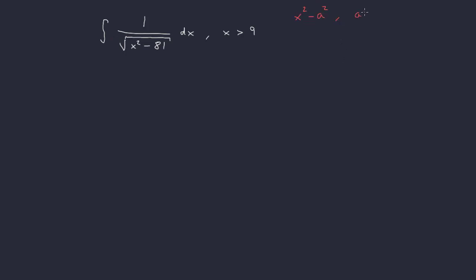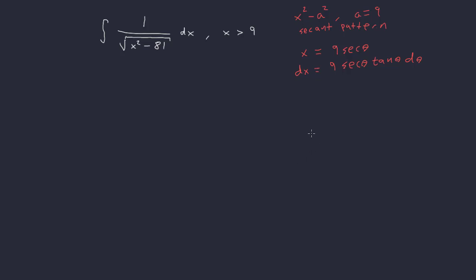In this particular case, our a is going to be 9. So this is a secant pattern. So we're going to let x be 9 secant theta, which makes dx equal to 9 secant theta tangent theta d theta.